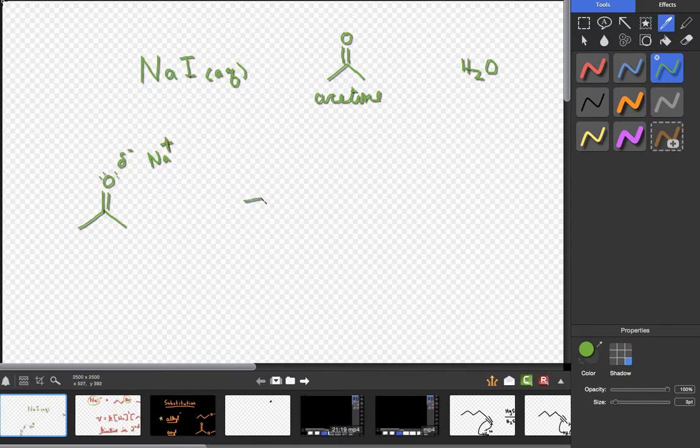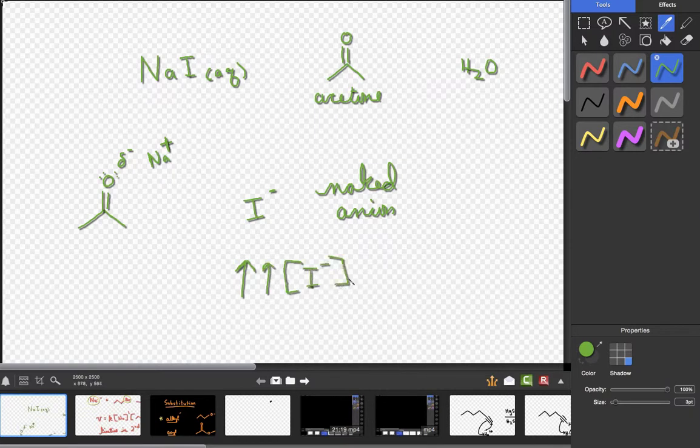So in solution, I will have what we call a naked anion. By the way, that's my nucleophile. So having a solvent like acetone increases the concentration of available nucleophile.